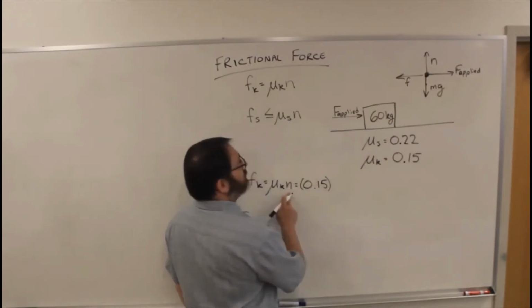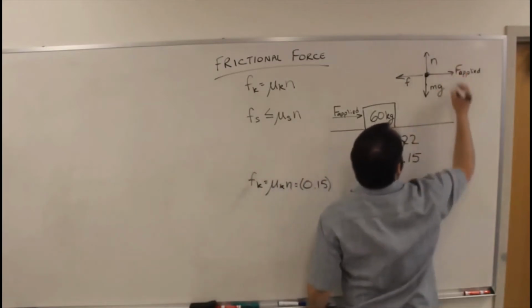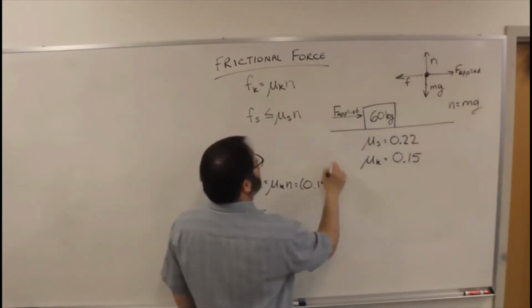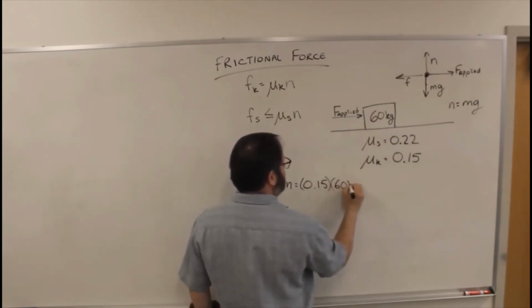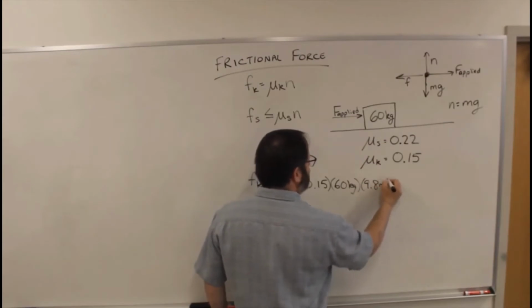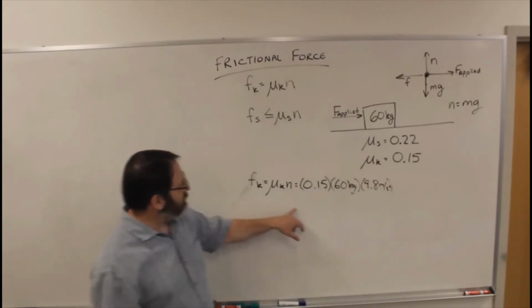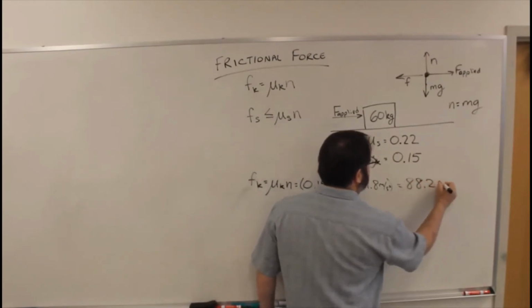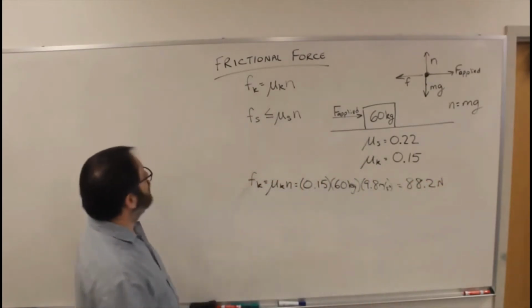So n is mg. So m, 60 kilograms, g, 9.8 meters per second squared. So Fk is 88.2 newtons.